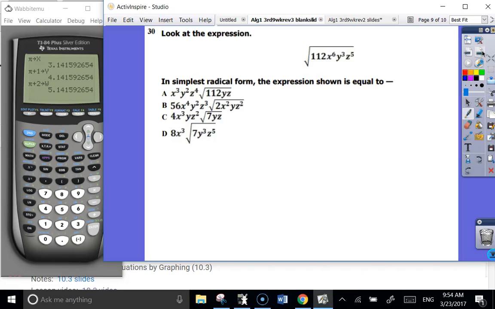If it's the square root of x to the 6th, how many x's come out? Remember, you go 6 divided by 2 is 3, right? Can you take out all of the y's? No, because 3 doesn't divide by 2. So you split it up into y squared times y. And then the square root of y squared is y, right? So anyways, those are the math rules for doing this.